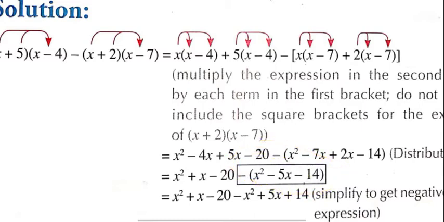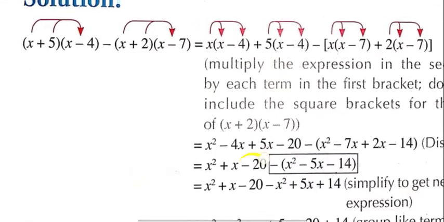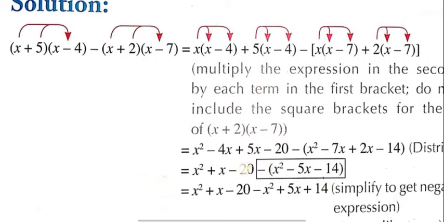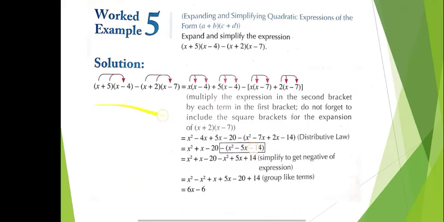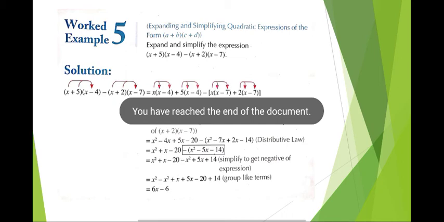It's really important because the moment you forget about the bracket, imagine here, if you don't have the bracket, you will end up with x squared plus x minus 20 minus x squared minus 5x minus 14, just like that, which is very different from the final result here. So it really counts. So be careful on that.